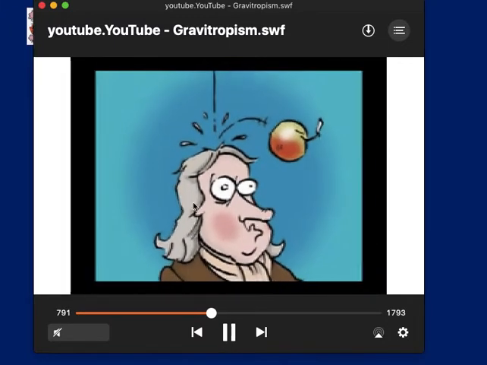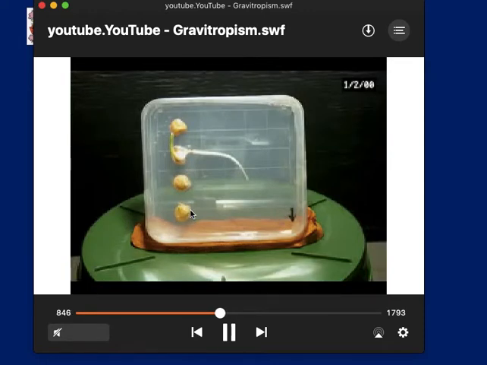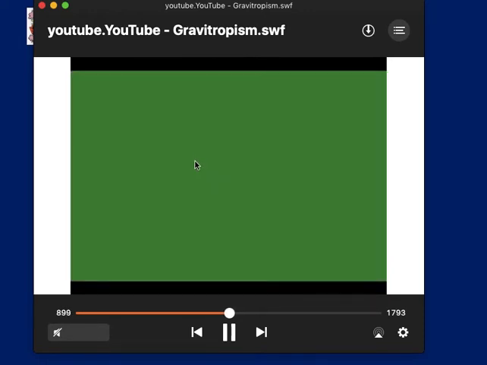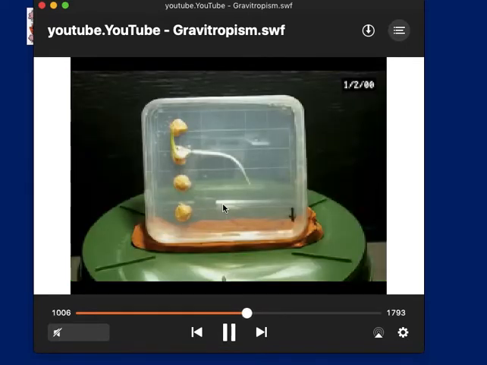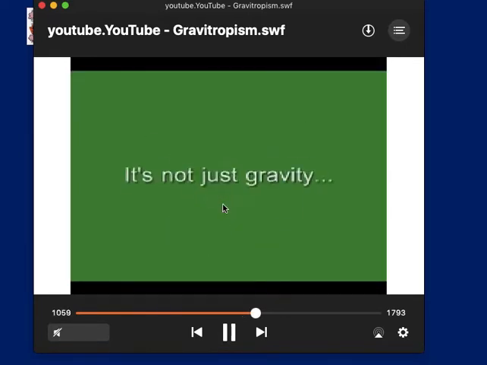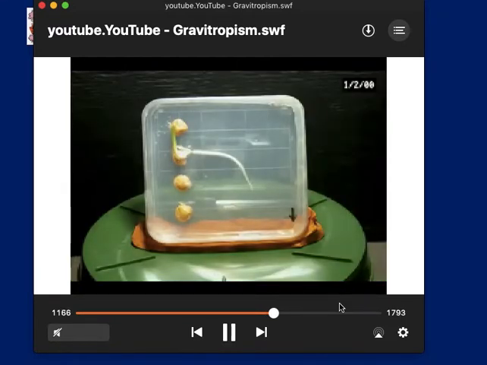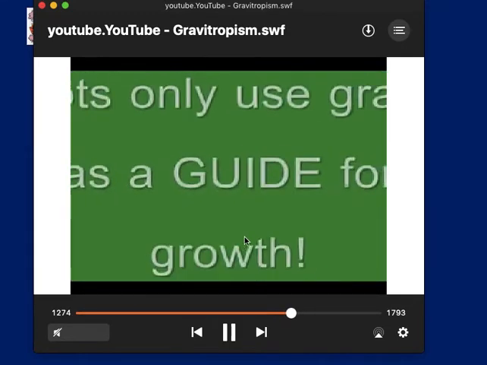Not a great experiment in terms of only one of their 4 seeds germinated, but gravity will always, always, always be a winner. It'll help the seed to know which way to grow. It is just gravity. Okay, so they can actually twist this box again, and they can get the root to change direction.